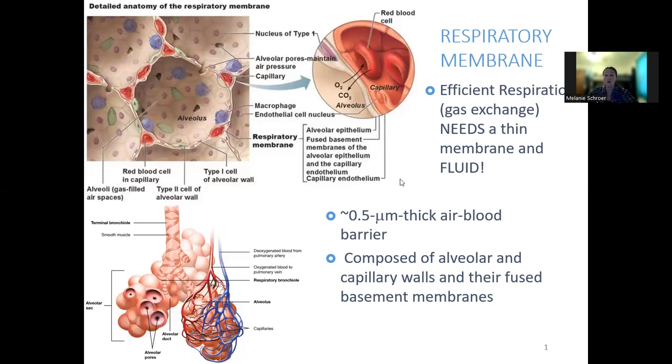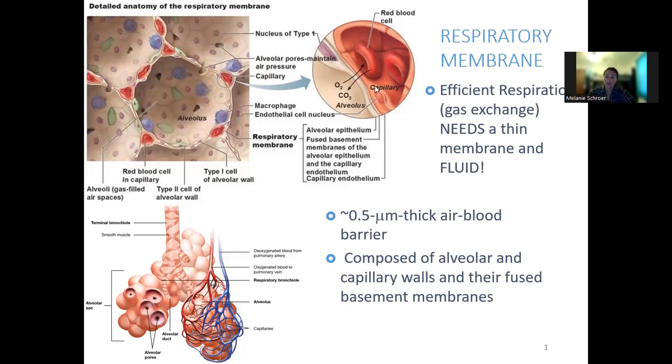Okay, so what makes up this barrier is an alveolar wall. We can see here, this is a simple squamous epithelial tissue. So one skinny little cell. Cells do not get skinnier than epithelial cells. And so the alveolar cell is super skinny.